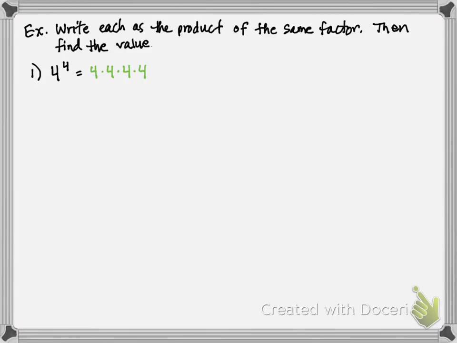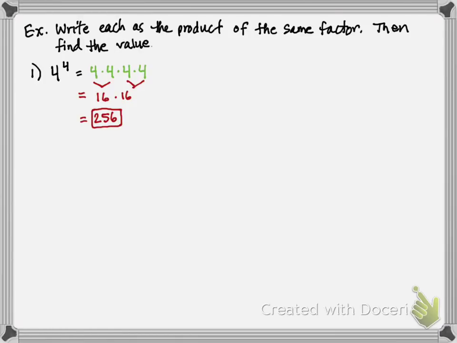Now notice I'm writing multiplication with the dots instead of with the x's. And then it asks us to go ahead and find its value. So what I'm going to do is I know what 4 times 4 is. That's 16. And I know what 4 times 4 is. That's 16. And if I've memorized my 1 squared through 20 squared, which is on that page before, that answer is going to be 256.